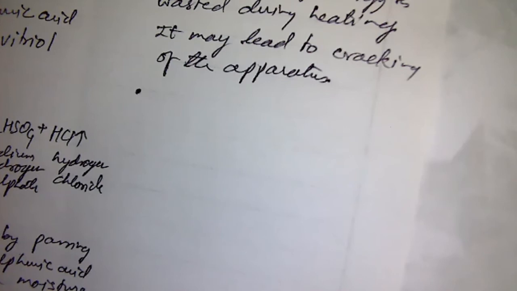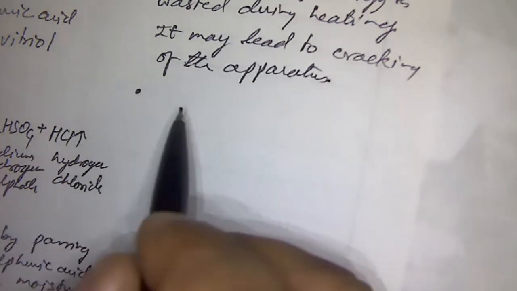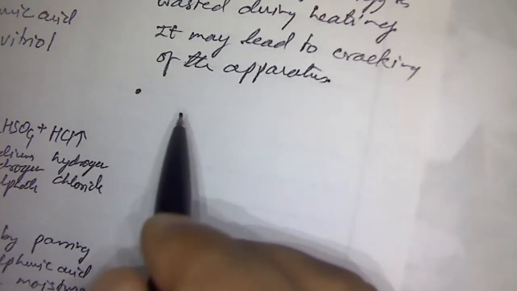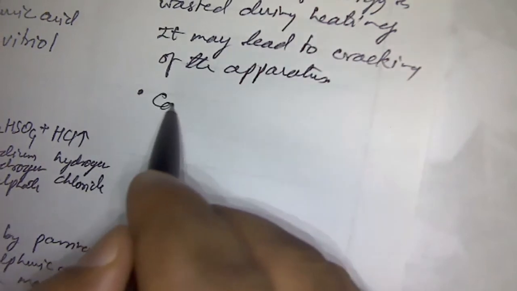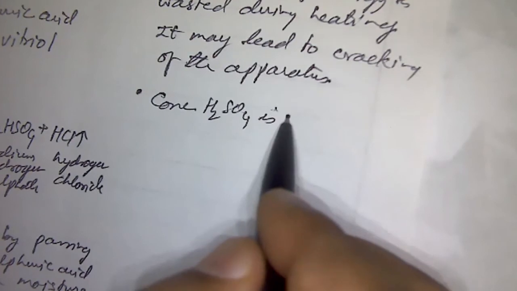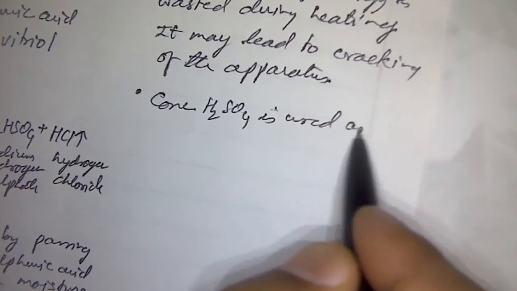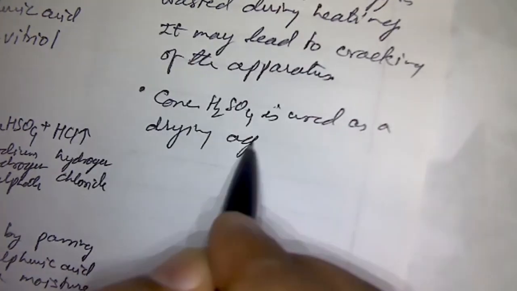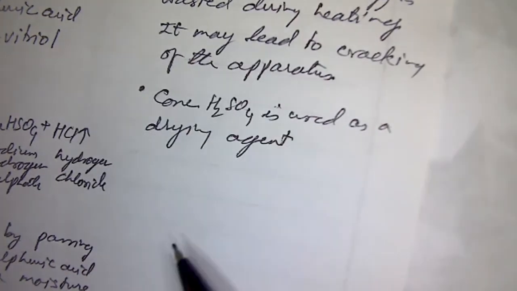Okay. So the next point, drying agent, what are we using? Concentrated H2SO4 is used as a drying agent. Concentrated sulfuric acid is used as a drying agent.